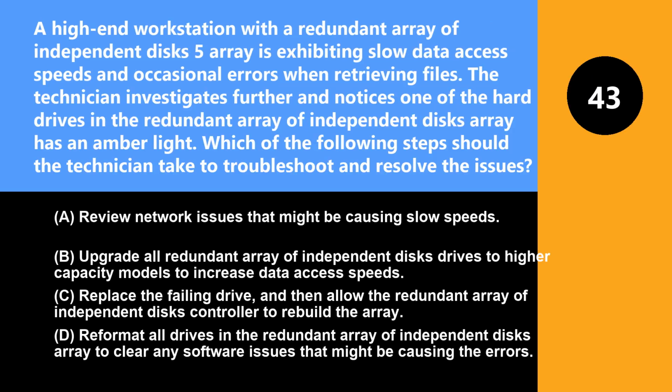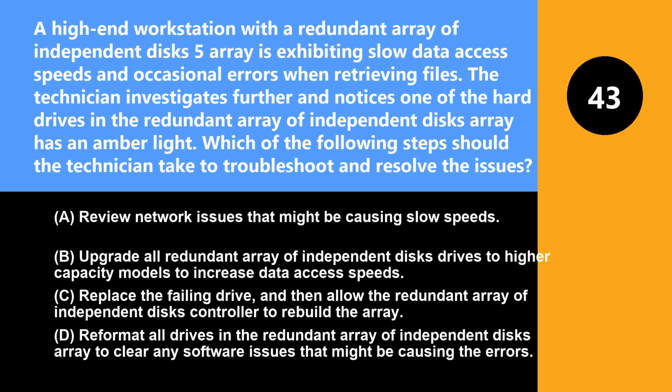Question 43. A high-end workstation with a redundant array of independent disks 5 array is exhibiting slow data access speeds and occasional errors when retrieving files. The technician investigates further and notices one of the hard drives in the redundant array of independent disks array has an amber light. Which of the following steps should the technician take to troubleshoot and resolve the issues? Option A, review network issues that might be causing slow speeds. Option B, upgrade all redundant array of independent disks drives to higher capacity models to increase data access speeds.